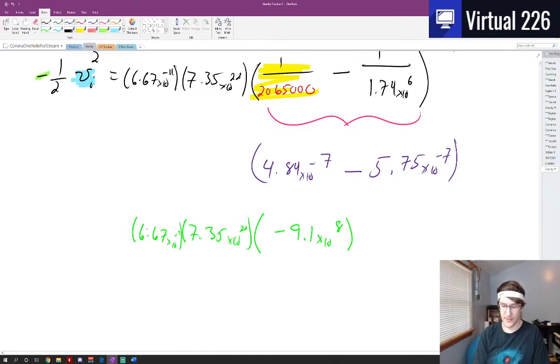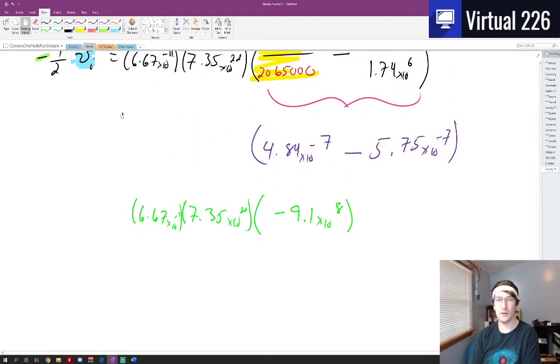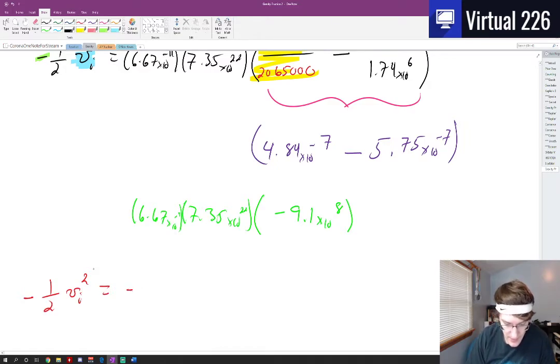Negative 9.1 times 10 to the negative 8th times 7.35 times 10 to the 22nd gives me negative 6.68 times 10 to the 15, times 6.67 times 10 to the negative 11th gives me, now, I have negative 1/2 the initial velocity squared equals negative 4.46 times 10 to the 5th. The negatives wipe away like I said they would.